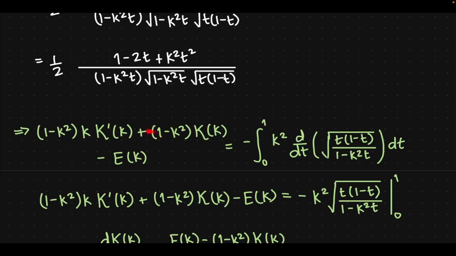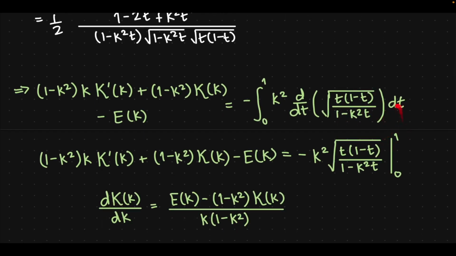So the left side is the same, (1 minus k squared) times k times capital K prime of k plus (1 minus k squared) capital K of k minus E of k equals minus integral 0 to 1 of k squared times the derivative with respect to t of the function square root of t times (1 minus t) over (1 minus k squared t), integrated with respect to t.